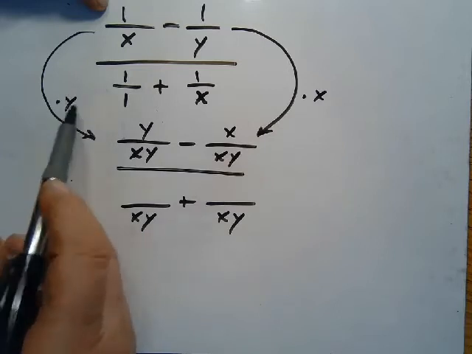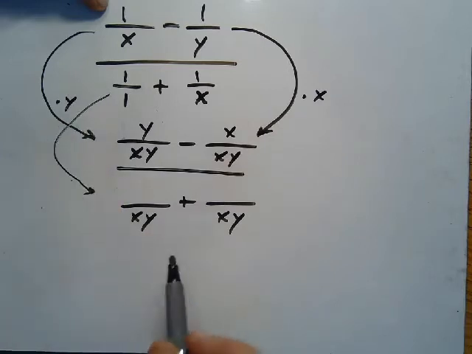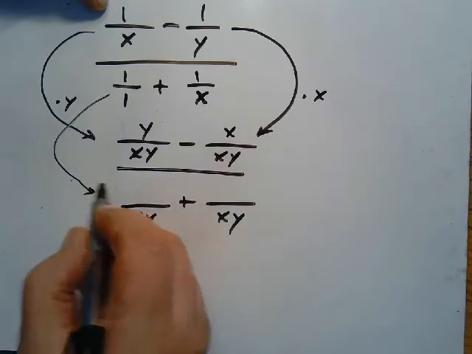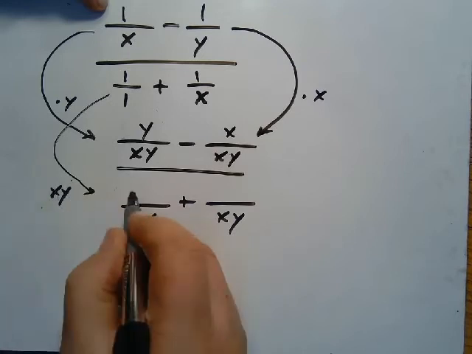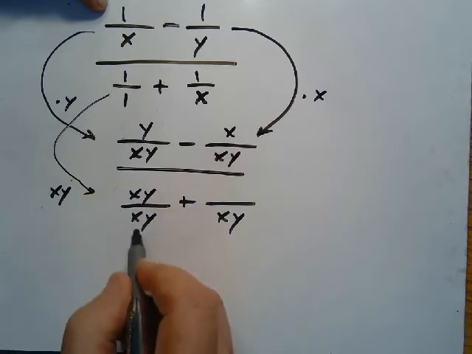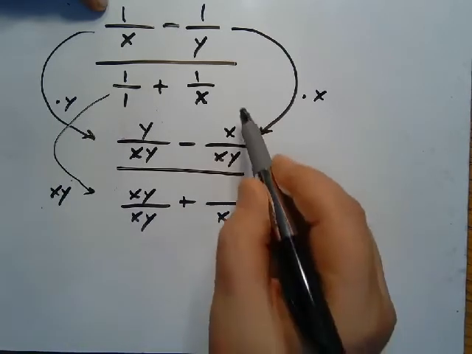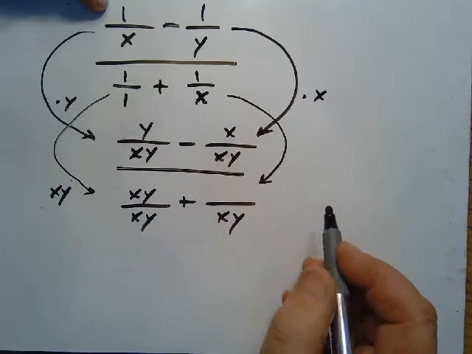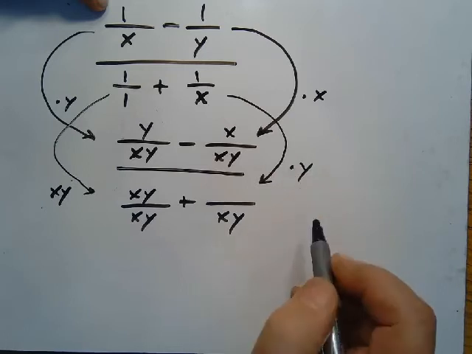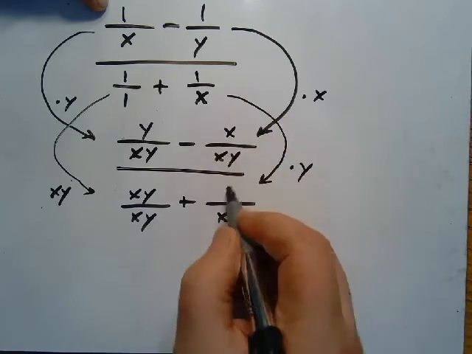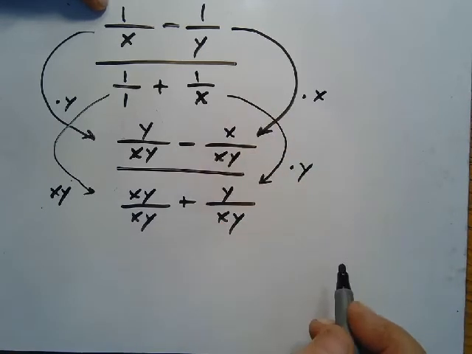To get from here to here, I had to multiply the bottom by xy, so I'm multiplying the top by xy. And that makes sense. xy over xy is 1, which is what we had originally. And to get from here to here, I had to multiply the bottom by y, so I have to multiply the top by y. There it is.